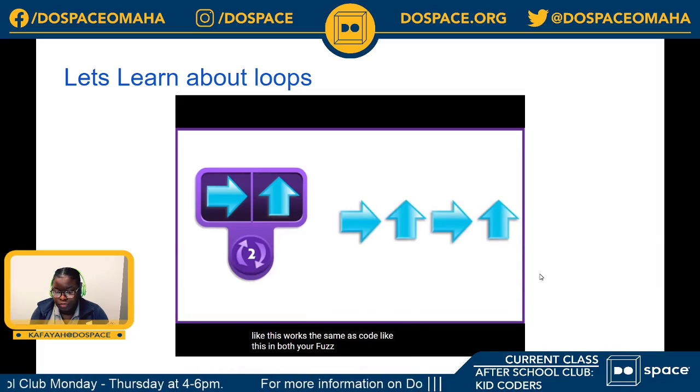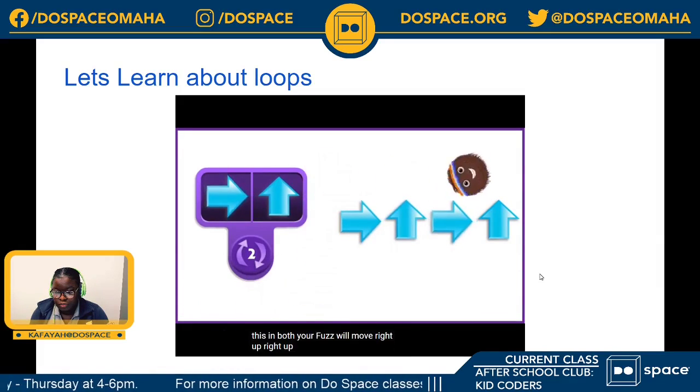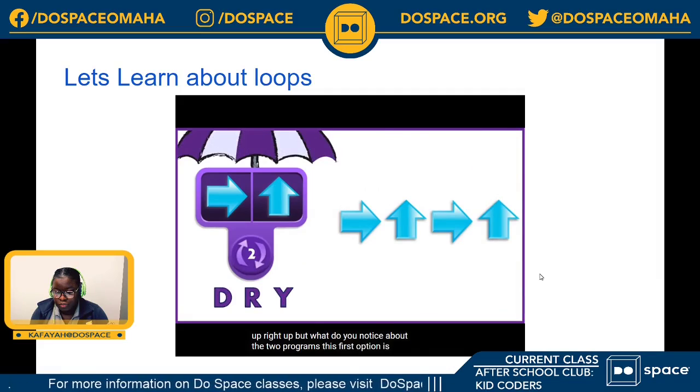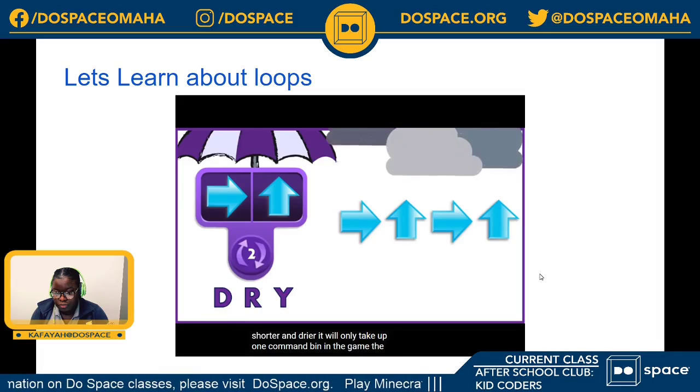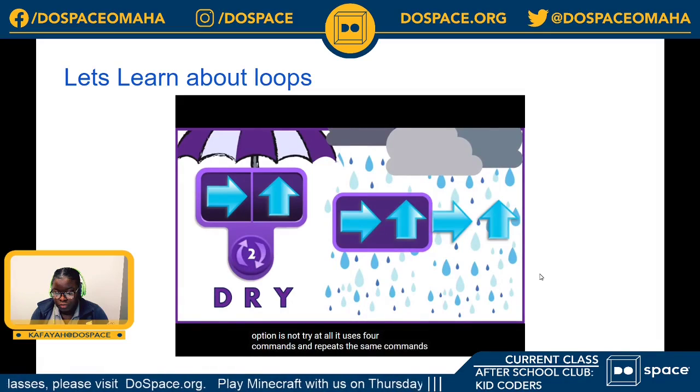In both, your fuzz will move right, up, right, up. But what do you notice about the 2 programs? This first option is shorter and drier. It will only take up 1 command bin in the game. The second option is not dry at all. It uses 4 commands and repeats the same commands twice.